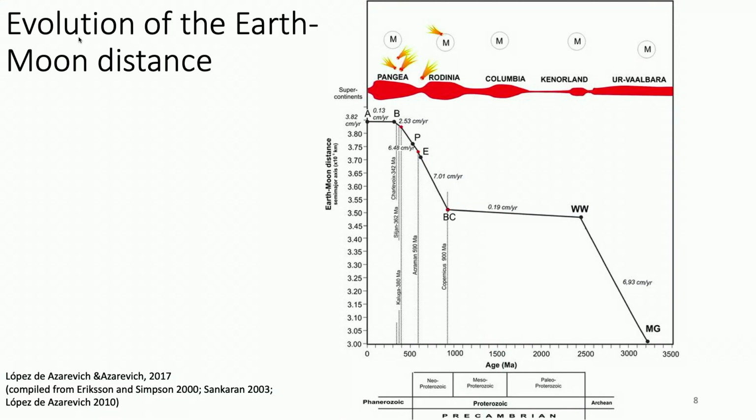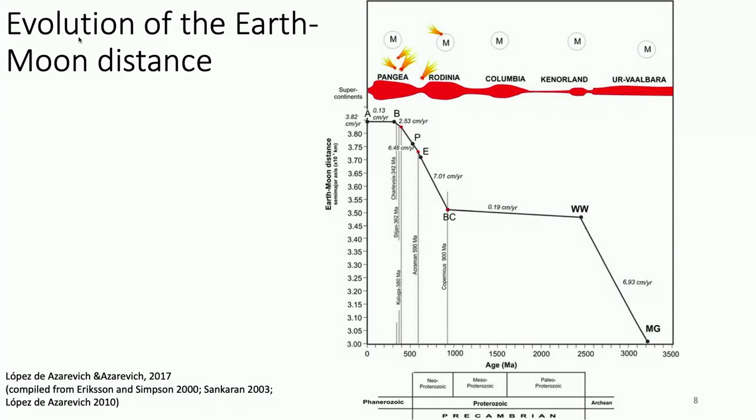The distance between the moon and the Earth has been recorded by many authors, and there's a very nice summary by Lopez de Aracevich and Aracevich about 6 years ago. They document this, so I've stopped at 3.9 billion years ago.